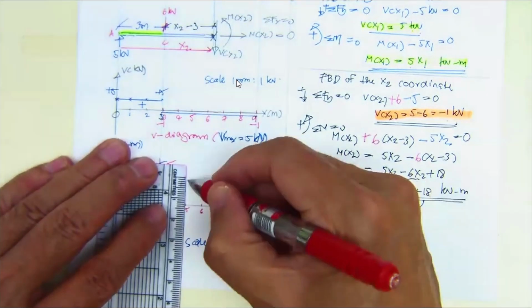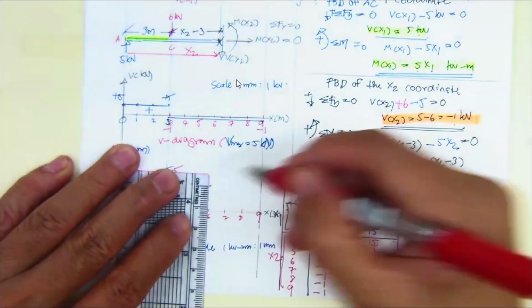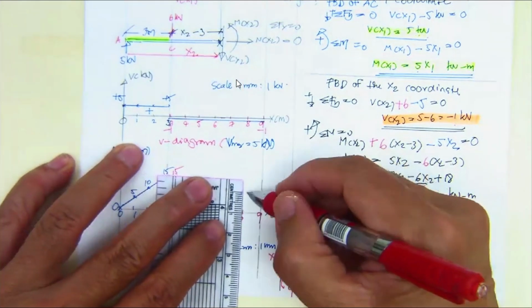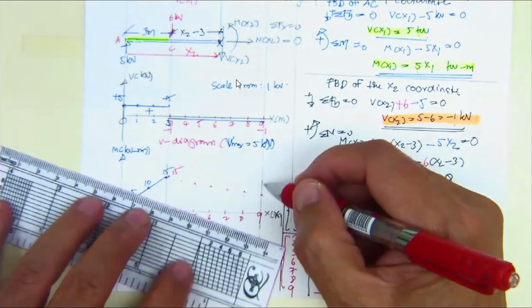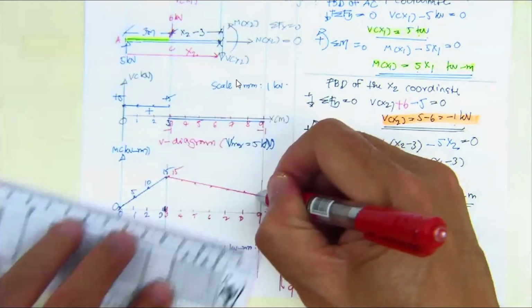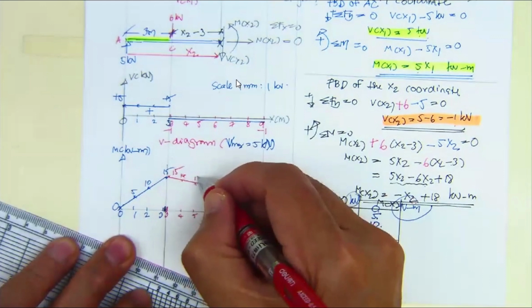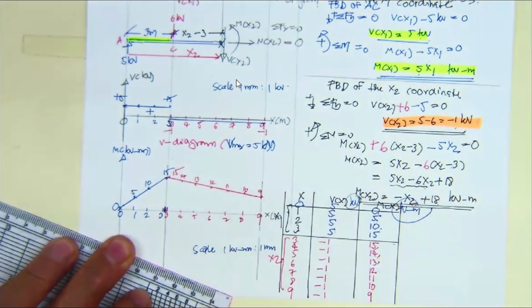This one, 13. And 12. We have this one, 12. And then 11. And then 10. And then 9. If you plot the graph, you will get this one to be linear. And then 14, 13, 12, 11, 10, and this one 9.